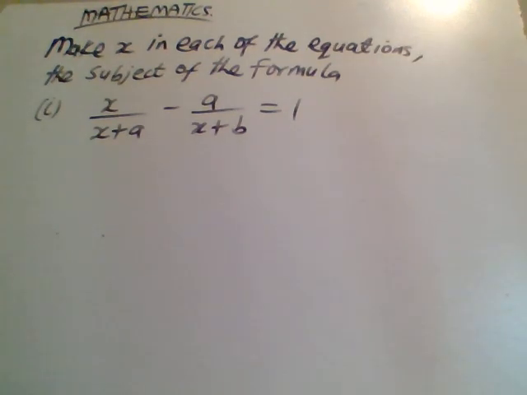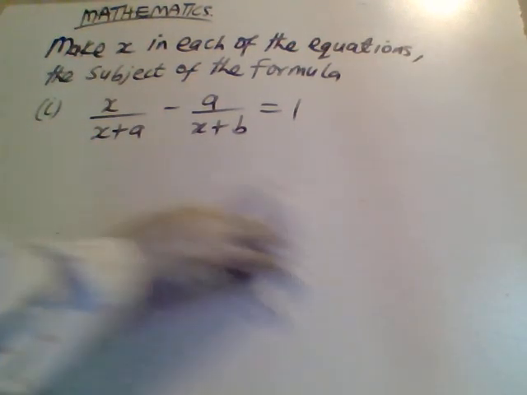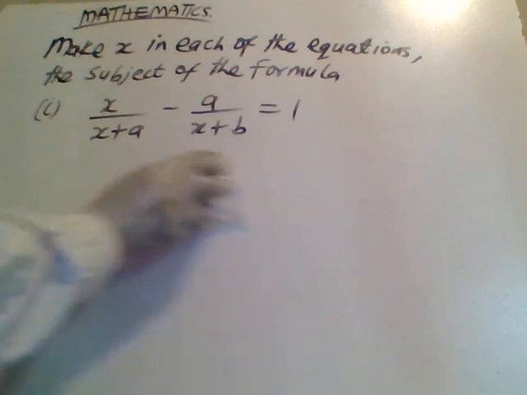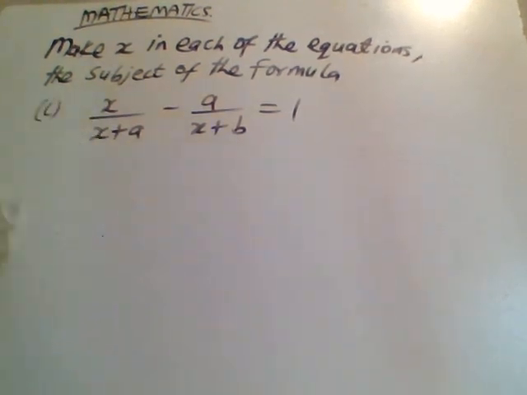In this kind of problem, the first thing you have to do is to find the lowest common multiple of the denominators in order to solve this problem.